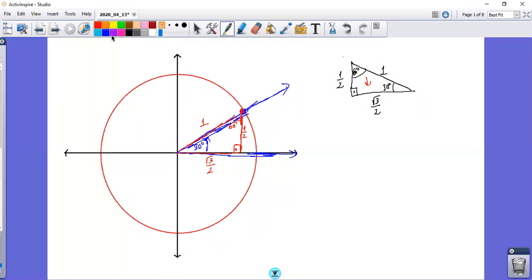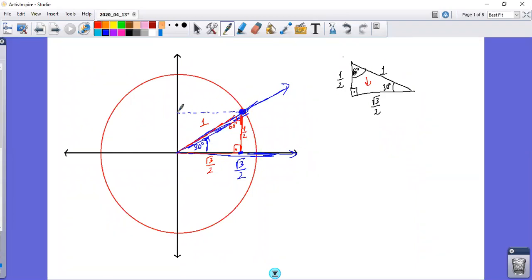So now we can find the coordinates. For example, if this length is root 3 over 2, the x coordinate of this point is root 3 over 2. And now, if this length is 1 over 2, let me find the y coordinate of this point.